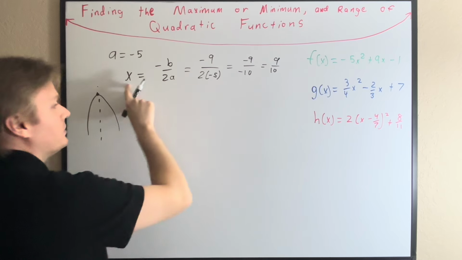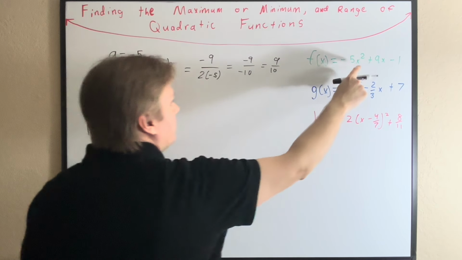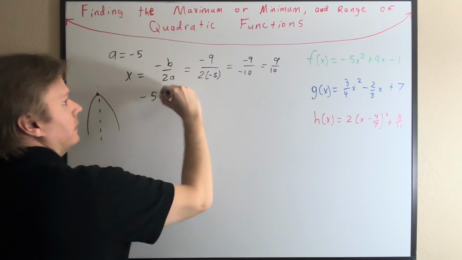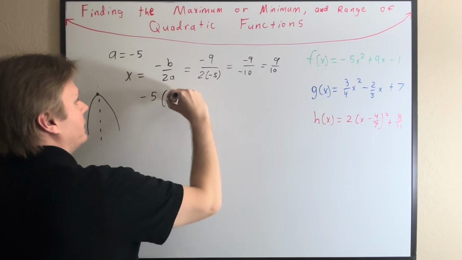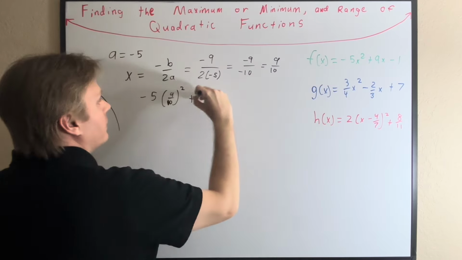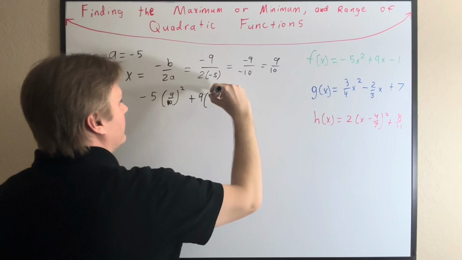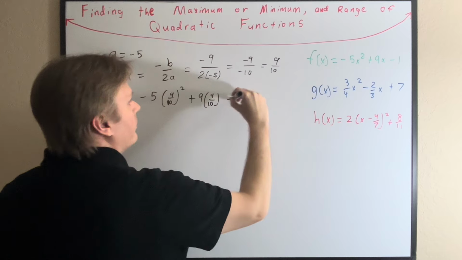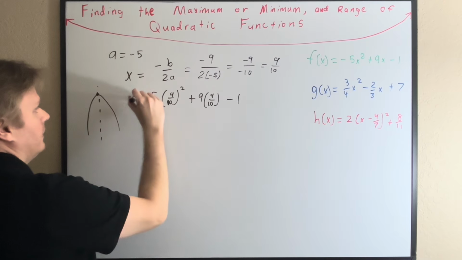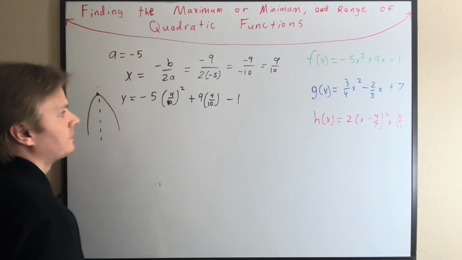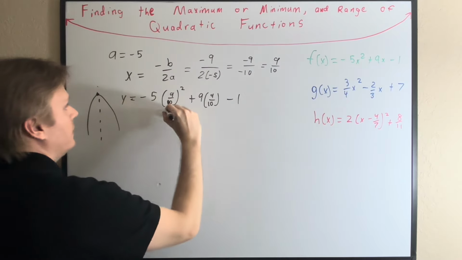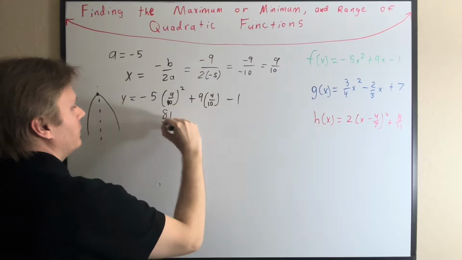All right, now to find that maximum, we need to take that axis of symmetry, that x coordinate, and plug it in for x. Negative 5 times 9/10 squared plus 9 times 9/10 minus 1 equals y. All right, what's 9/10 squared? 81 over 100.